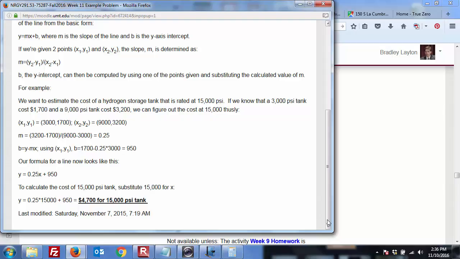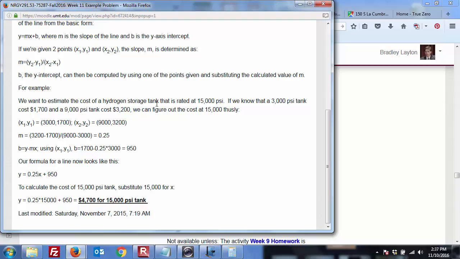All right. We want to estimate the cost of a hydrogen storage tank that's rated at 15,000 psi. We know that a 3,000 psi tank is $1,700, and a 9,000 psi tank is $3,200. We can figure out the cost at 15,000 thusly.